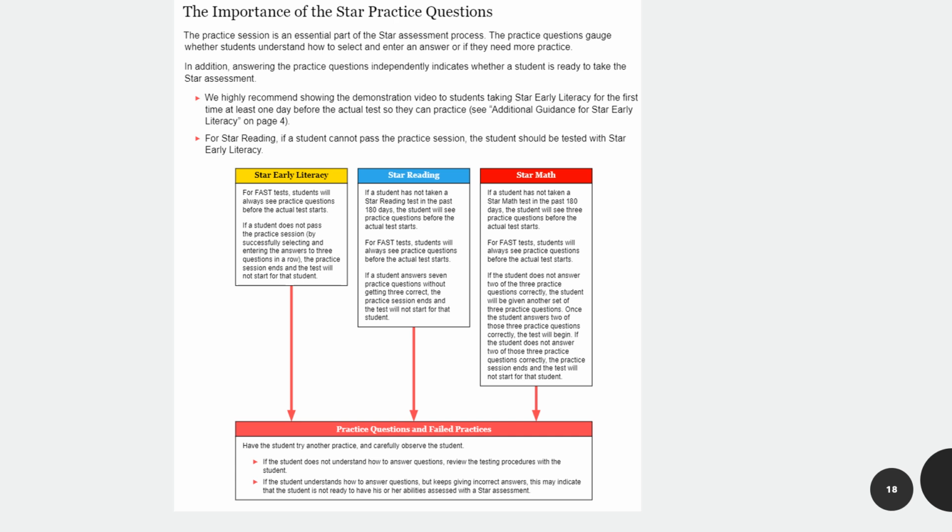If the student understands how to answer questions but keeps giving incorrect answers, this may indicate that the student is not ready to have his or her abilities assessed with a STAR assessment. This student will be listed in a non-participation list and they will access the test at another time.